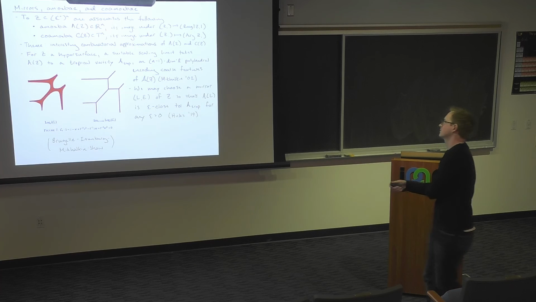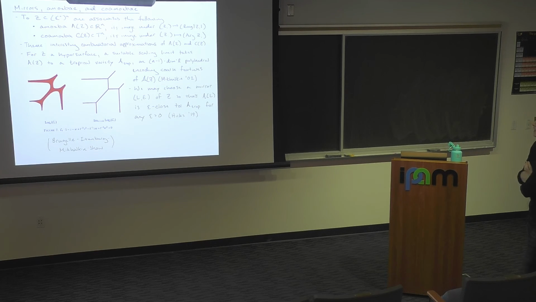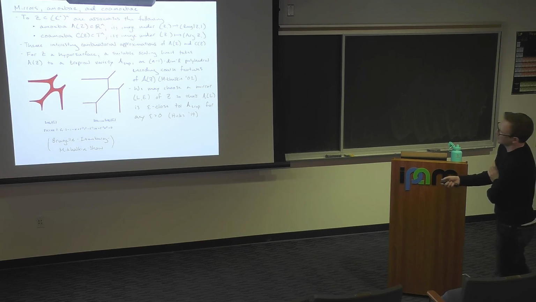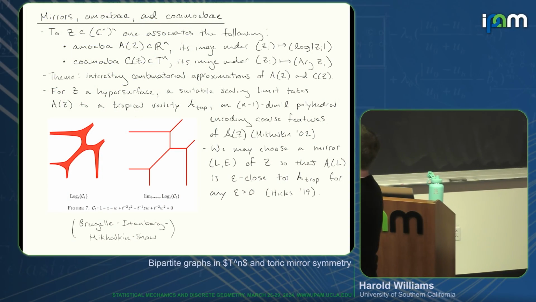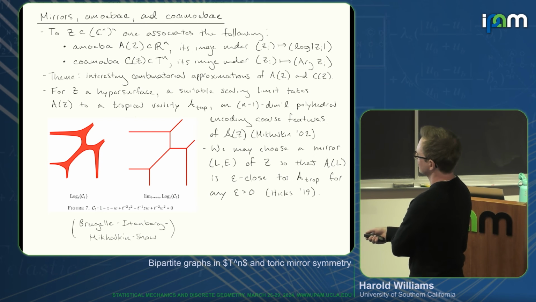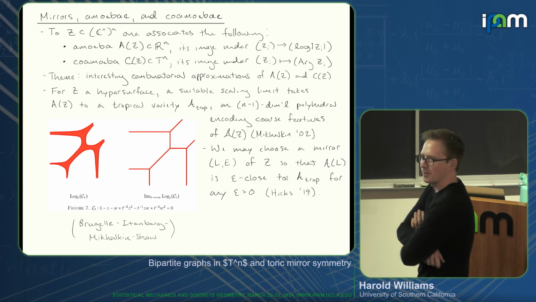I think the precise statement of this is due to Mikhalkin. And here's a picture of this, which I copied from a survey with Mikhalkin and a few other authors. Here's an amoeba, and if we take a suitable limit, it degenerates onto this combinatorial skeleton of it.